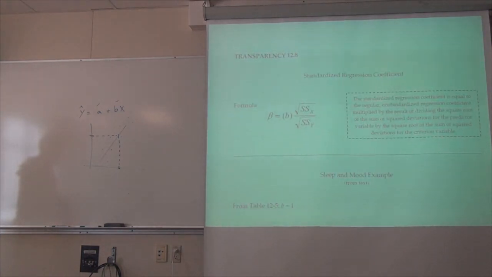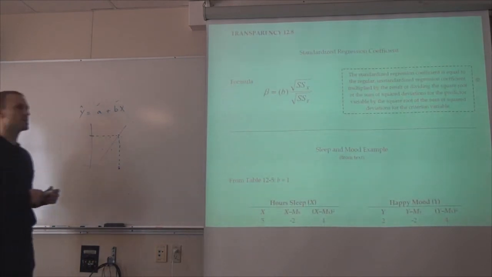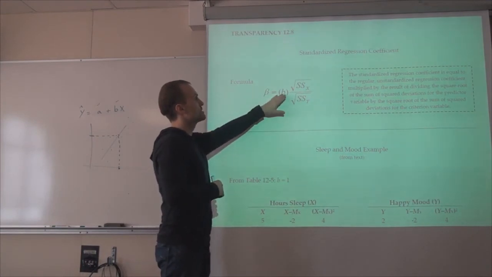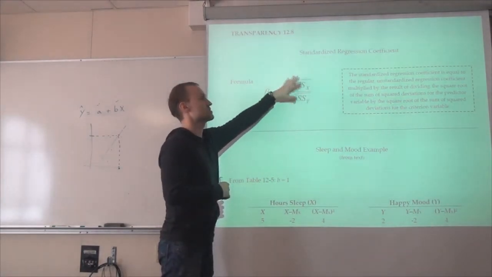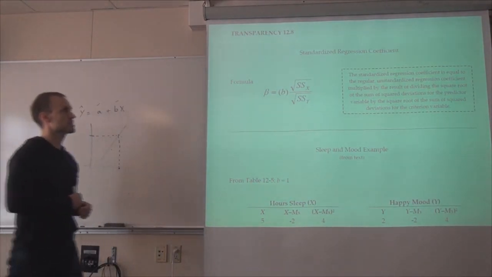So we have the standardized regression coefficient where I take the B, but I multiply it by this. Now this is a simplified formula, so it's going to be hard to see why that works.